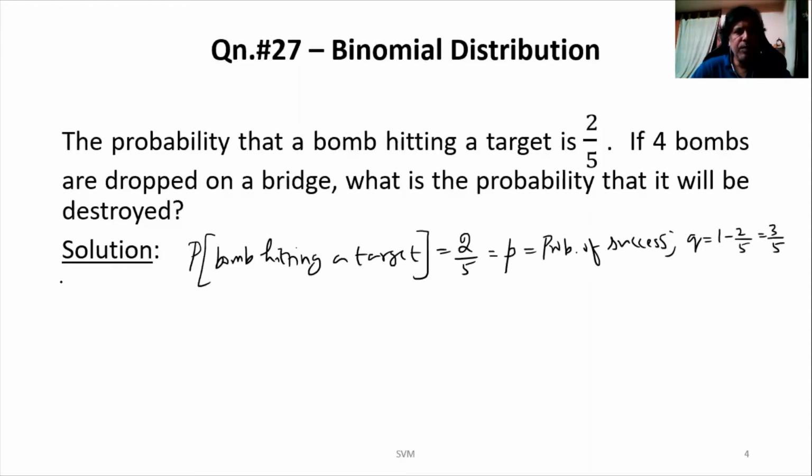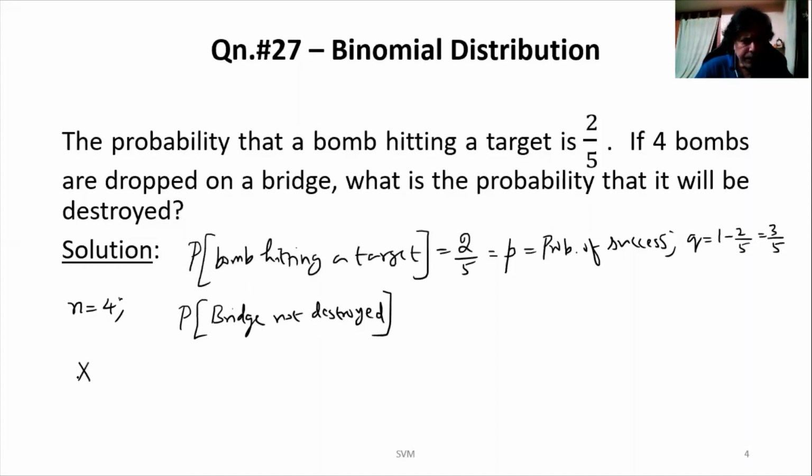If 4 bombs are dropped on a bridge, that means the number of trials is 4. What is the probability that it will be destroyed? Destroyed means we don't know which bomb will destroy it, whether the first bomb, or the second, or third or fourth. So it is better we find the probability that it will not be destroyed. That is possible to find.